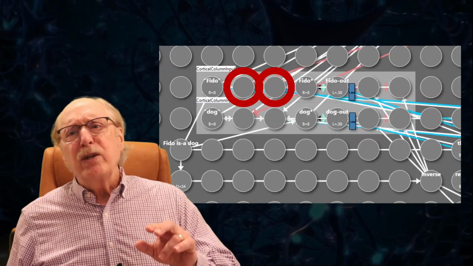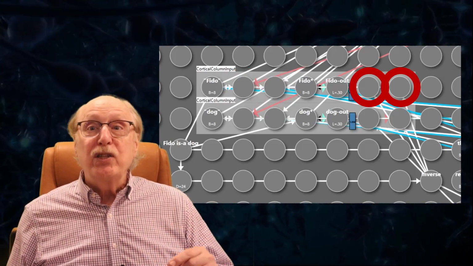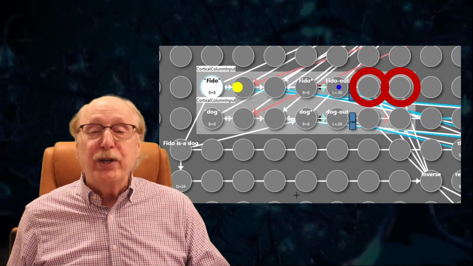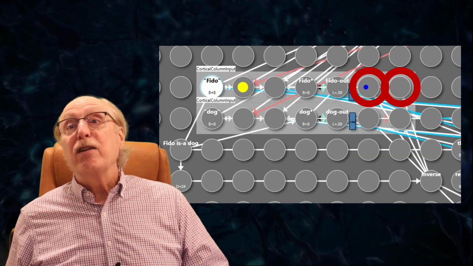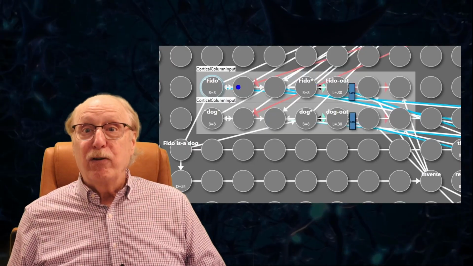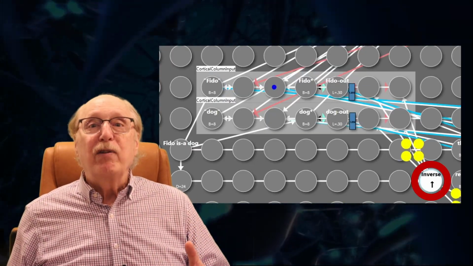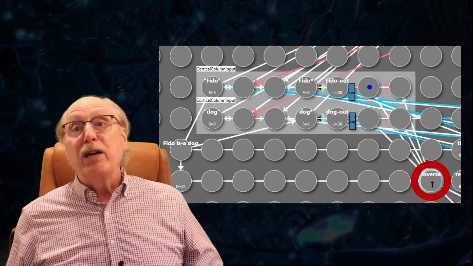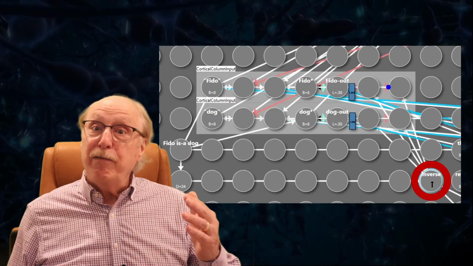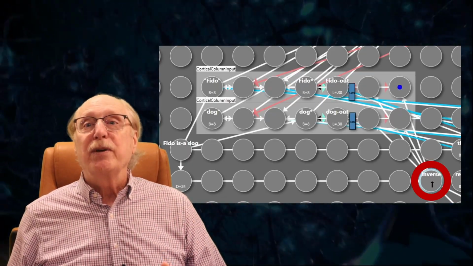The two neurons in between the Fido and Fido star neurons are needed for timing, and the last two neurons in the row perform inversion. That is, if I set the Fido neuron firing to fire a burst, then fire the inverse neuron, the Fido neuron will stop firing and Fido star will start.